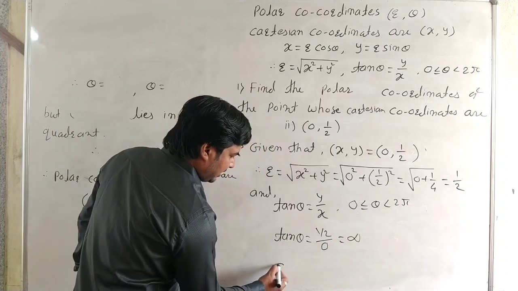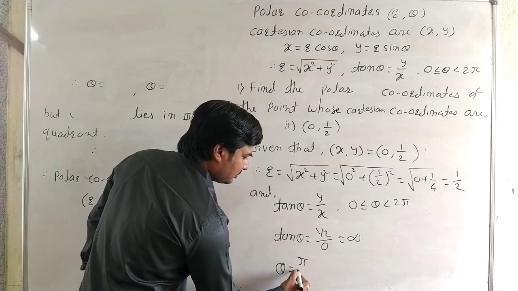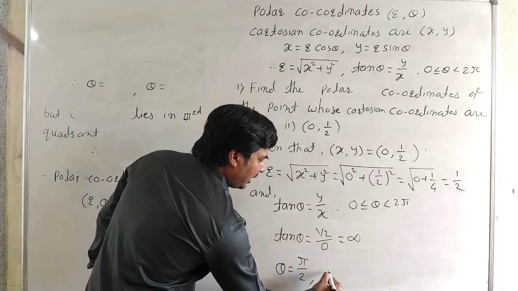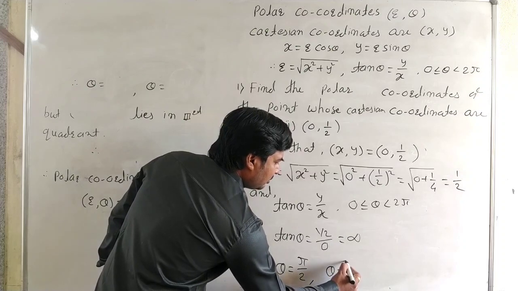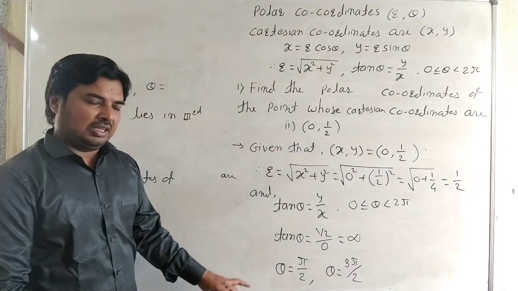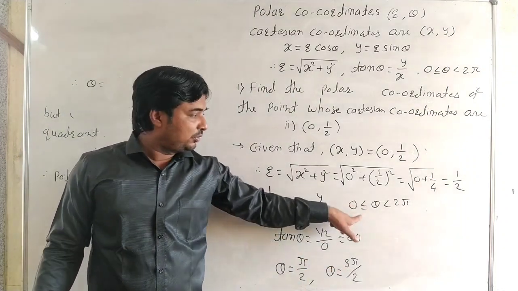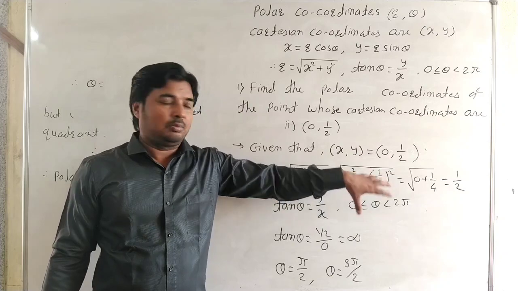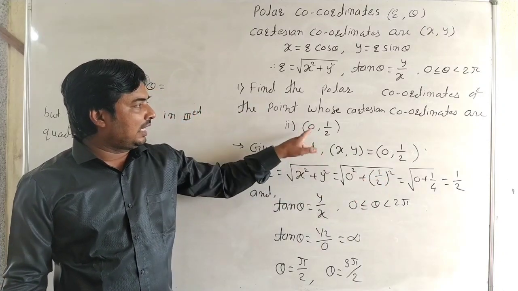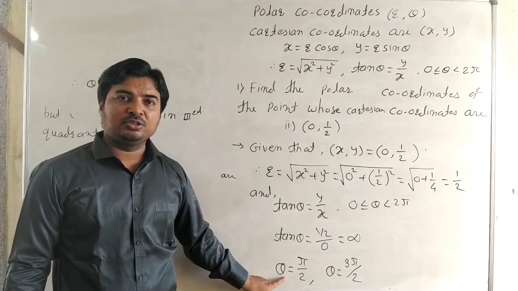And we know that tan is infinity at pi by 2 and theta is equal to 3 pi by 2. Okay, 90 and 270, where tan is infinity between 0 to 2 pi. But here this point lies on the positive y axis, so theta is equal to pi by 2.